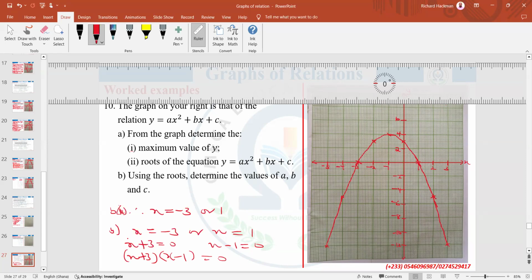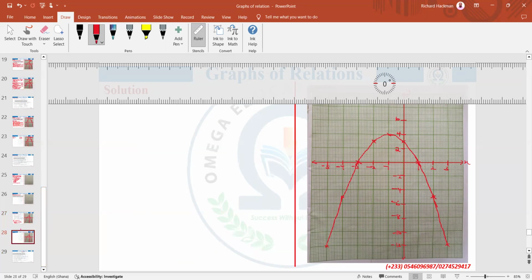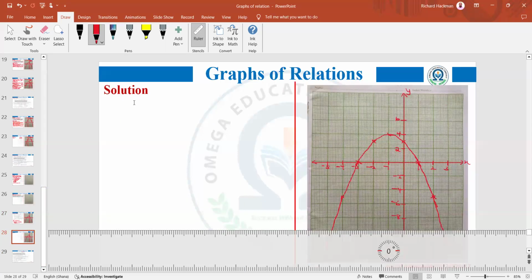For lack of space, let me see whether I will have space down to continue. I think there is a solution space, so I will have a solution space here. If I continue, remember we had x plus 3 into x minus 1 is equal to 0. So you expand, x times x will give you x squared.